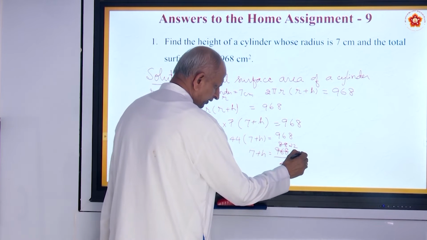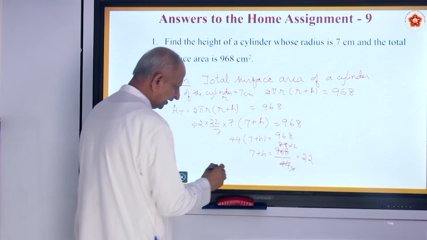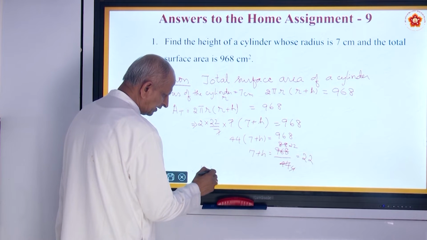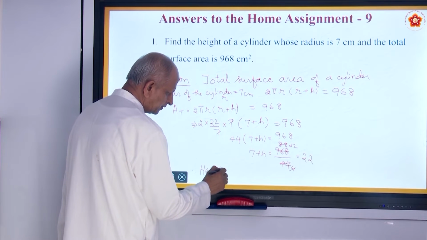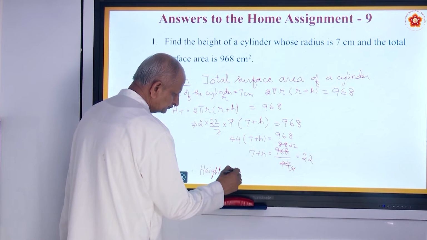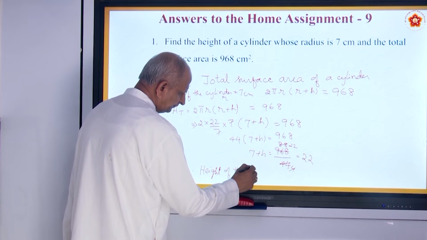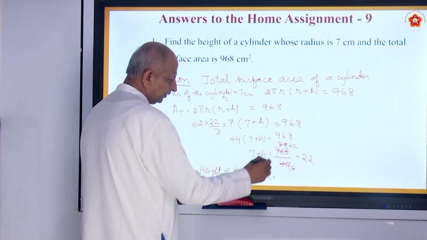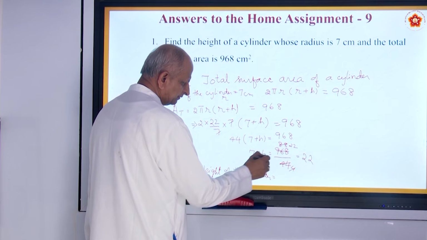So this is equal to 22. Therefore, height of the cylinder: 22 plus 7, bring this side.